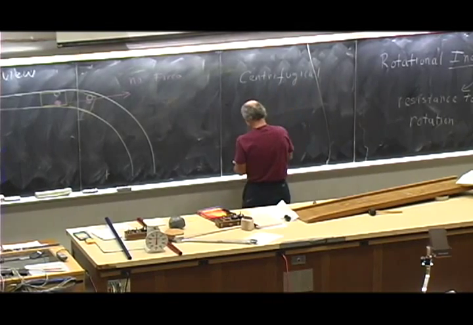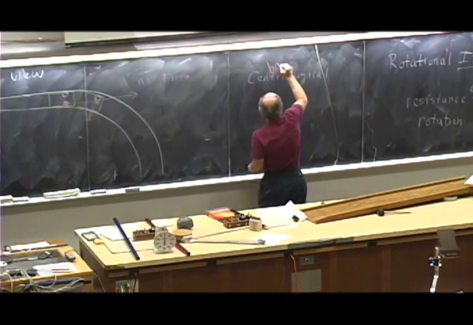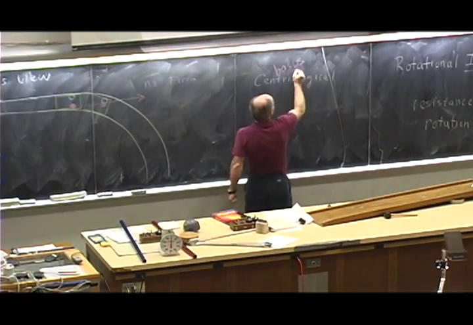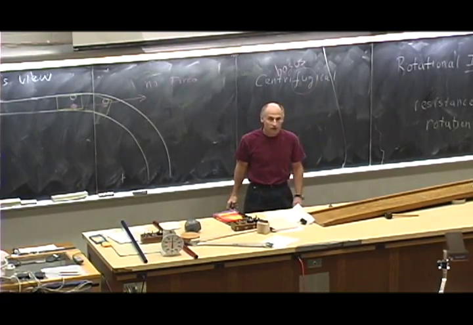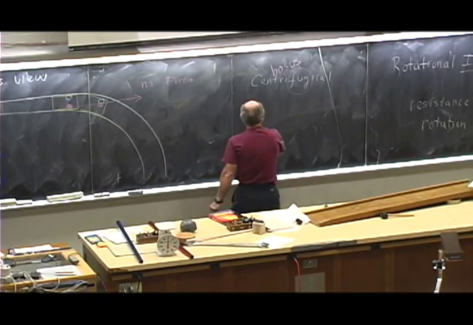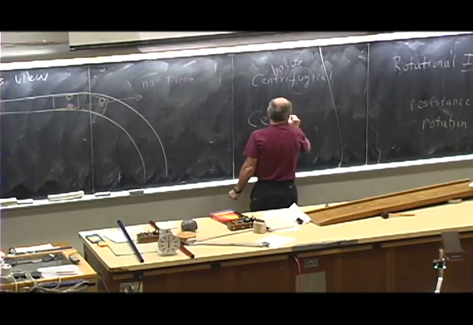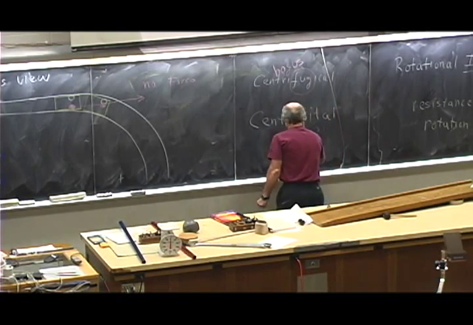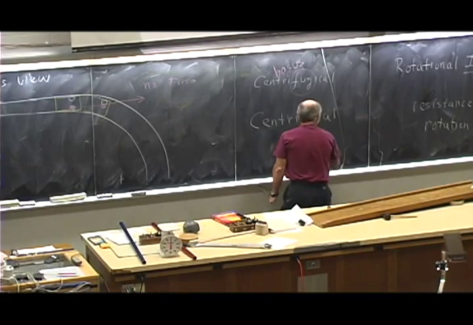This is bogus. There is no centrifugal force. The F is wrong. Okay, this part is wrong. Centrifugal means to push away. What's really going on is what we call a centripetal force. A force towards the center.